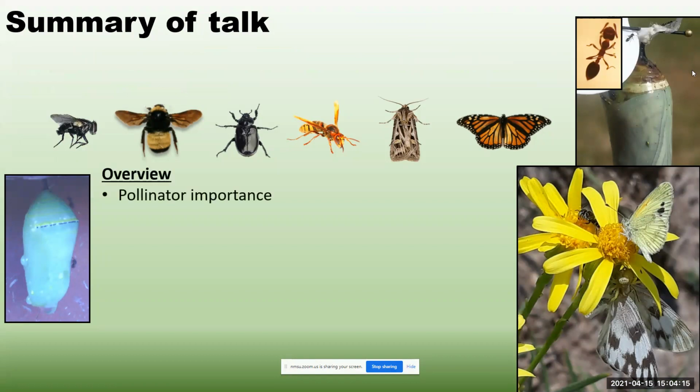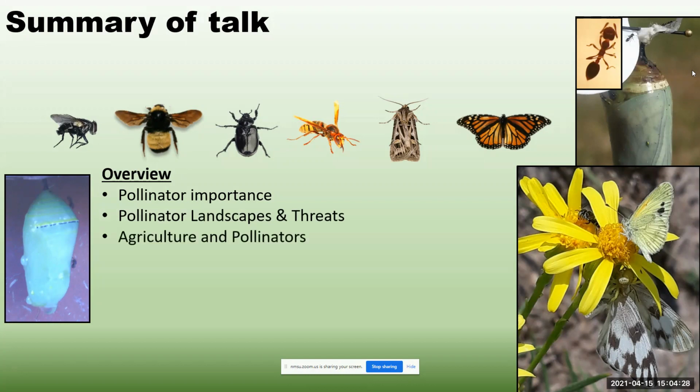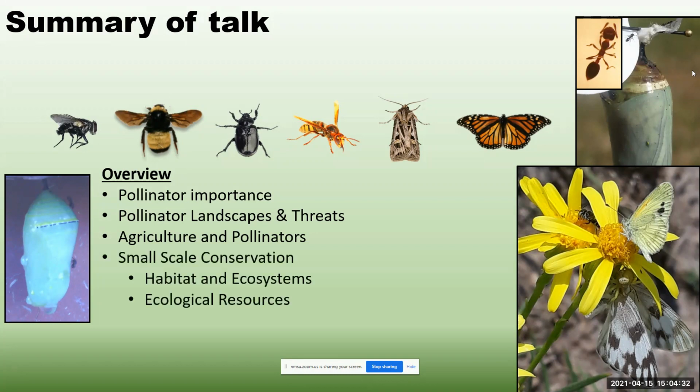Throughout the talk, we're going to start off with pollinator importance. If you've been tuning into the other presentations, you've likely heard a lot about this, so I will briefly touch on the importance of pollinators. We'll then move into pollinator landscapes and the threats that pollinators face. Then we'll dive directly into agriculture and pollinators in those landscapes.